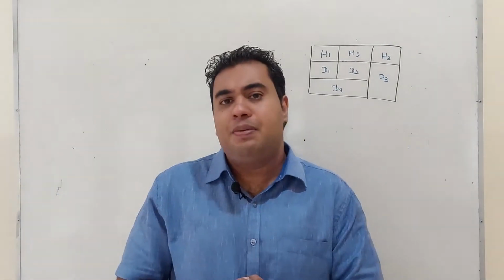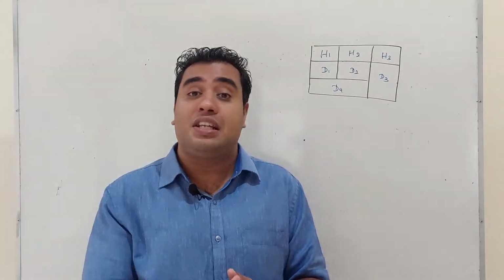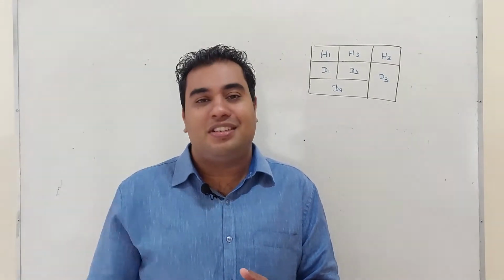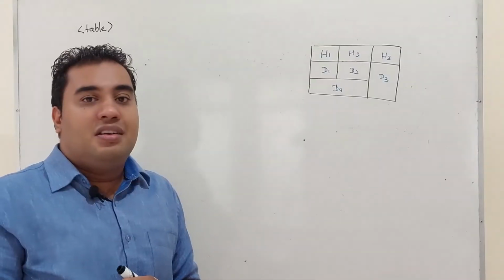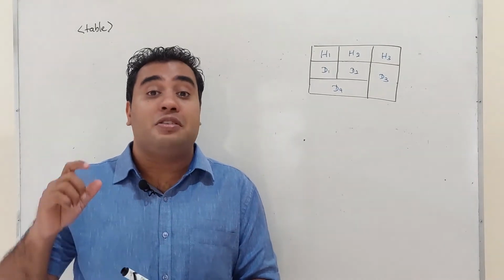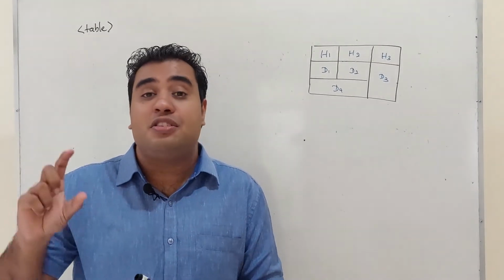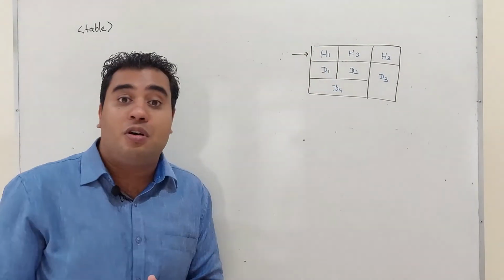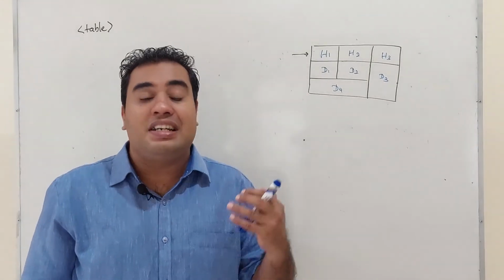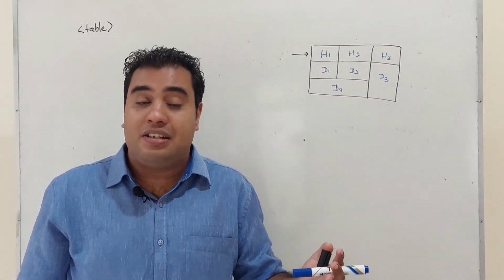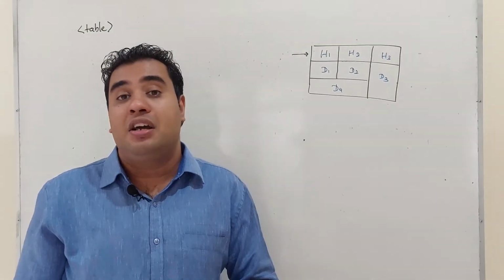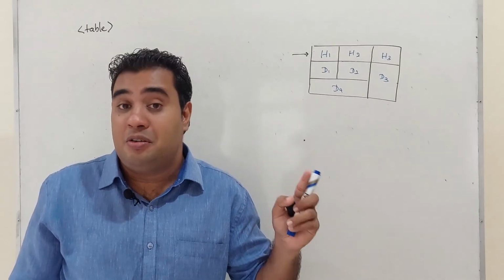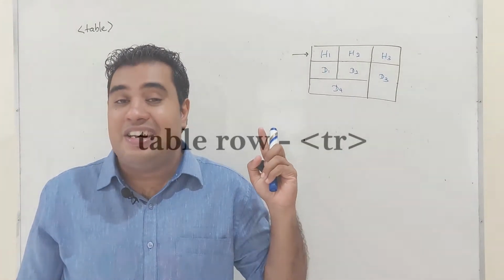Okay, to create a table in HTML, the basic tag that we use is the table tag. The tag is simply table. As we discussed, we have to define what we find in each row of the table. First, we are going to define what we have in the first row. To start defining a row, we have to state that we are going to define a row. For that, we use the tag table row, or simply tr.